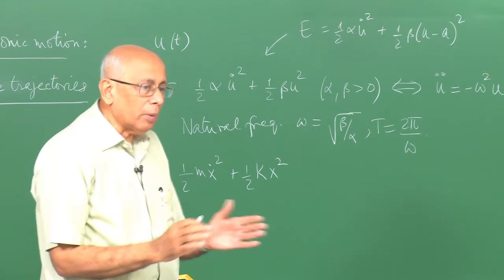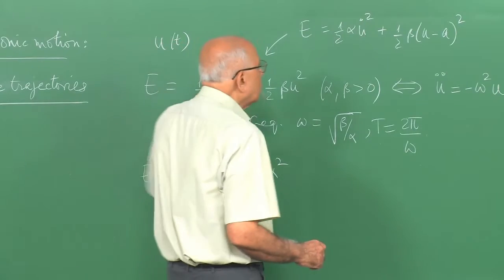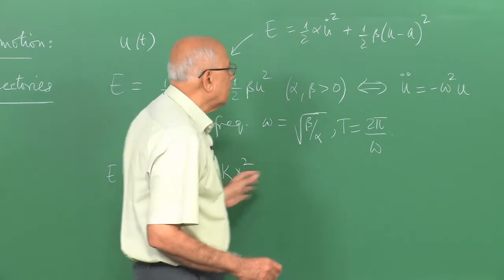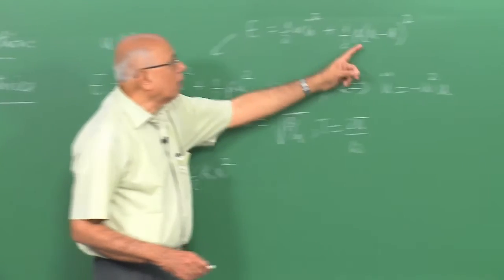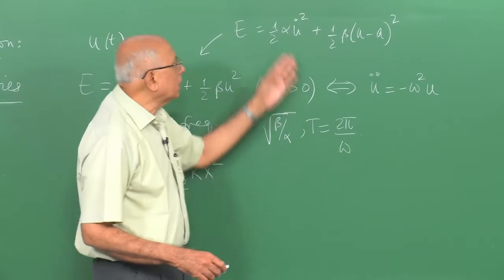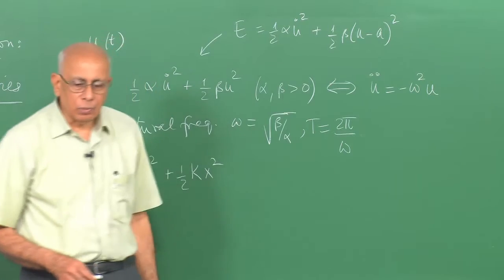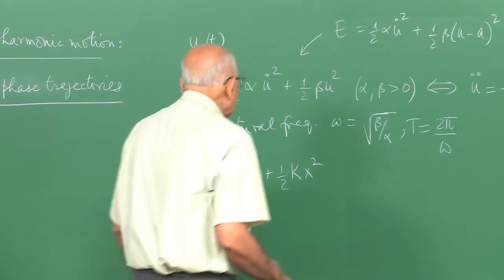Instead of oscillating about the value u equal to 0, this variable u oscillates about the value a here. So it does not matter in either case, this is a trivial change of variable. One can always call u minus a equal to u prime, and since u prime dot is the same as u dot, you get exactly the same physical motion about a new center of oscillation. So that is a very simple generalization.